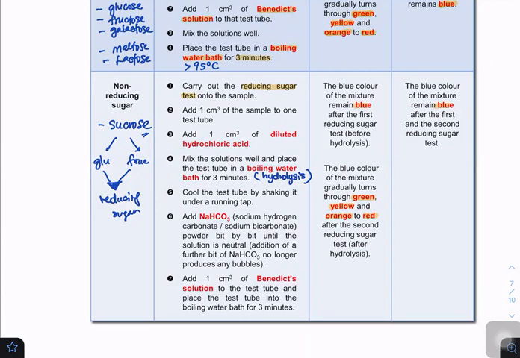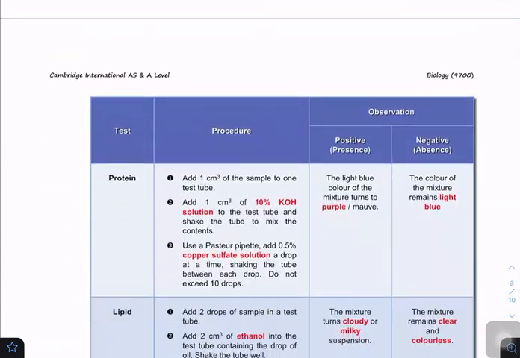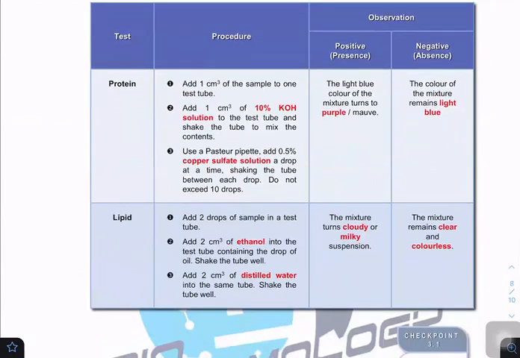Can you visualize it? Now next, for protein, we are going to use the Biuret reagent. The Biuret reagent consists of 2 reagents. It's not one chemical, but 2 chemicals.